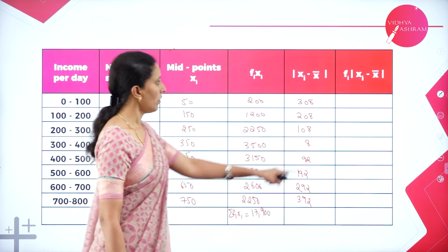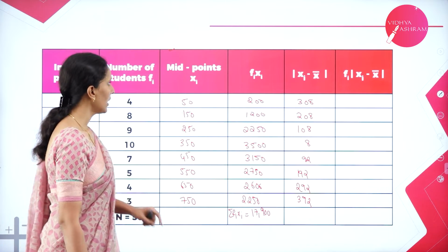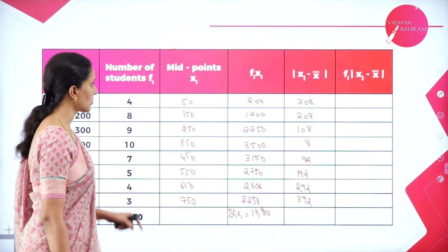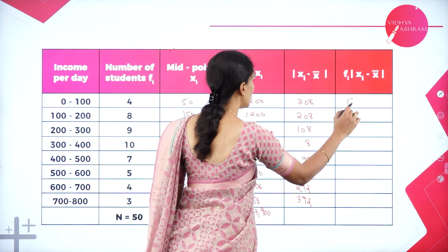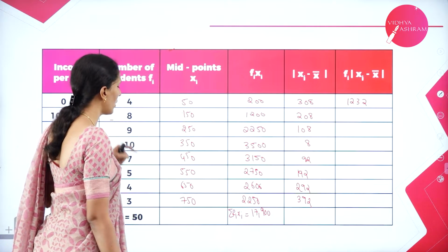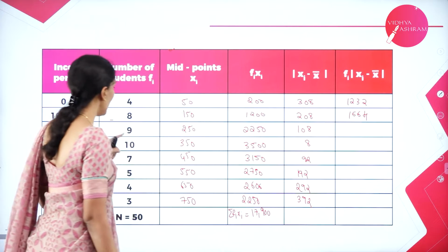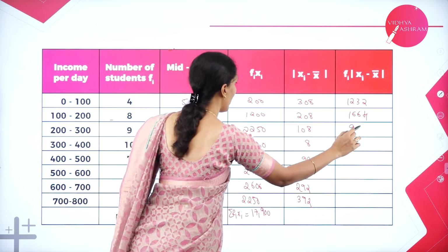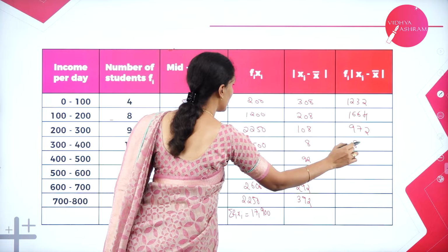Now, the last column, fi into xi minus x bar. Let us multiply and write the values. So, 4 into 308, that is 1232. Next, 8 into 208, that is 1664. Next, 9 into 108, that is 972. 10 into 8, it is 80.